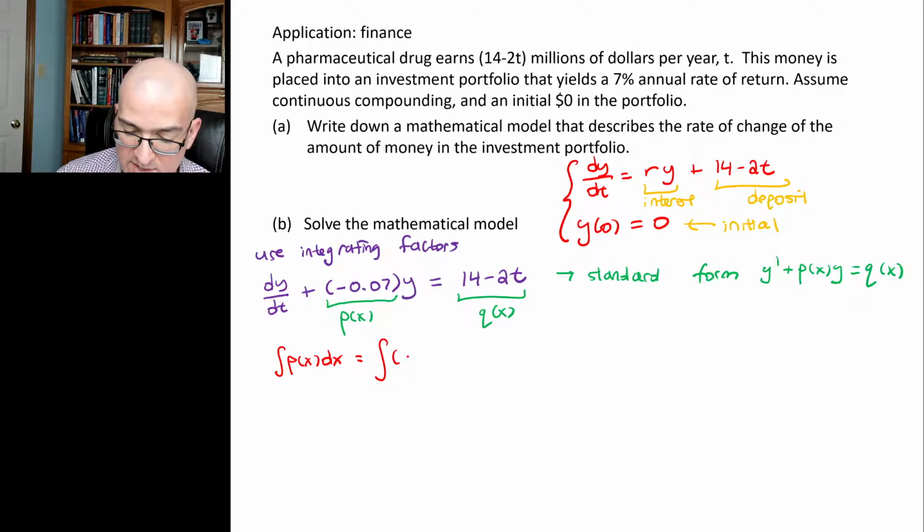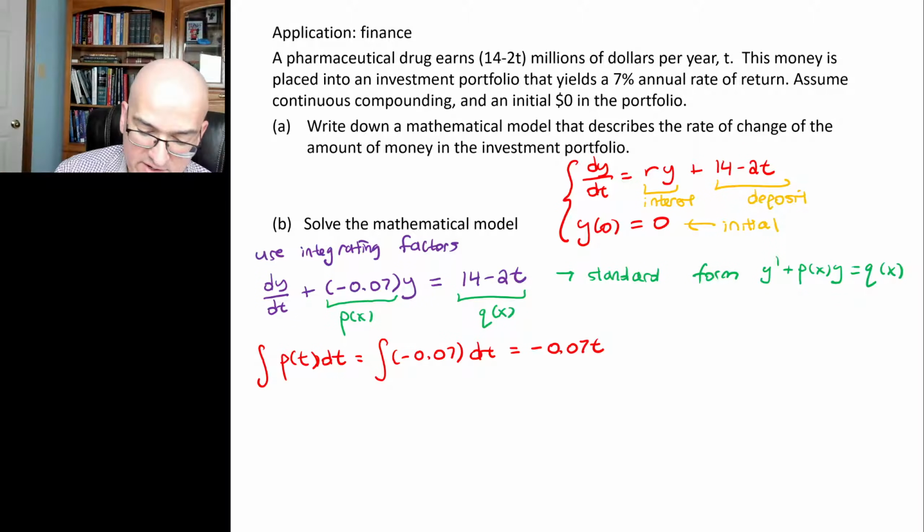So the integral of negative 0.07. Oh, I guess it's p of t. It doesn't make any difference. But just to be consistent, negative 0.07 t.